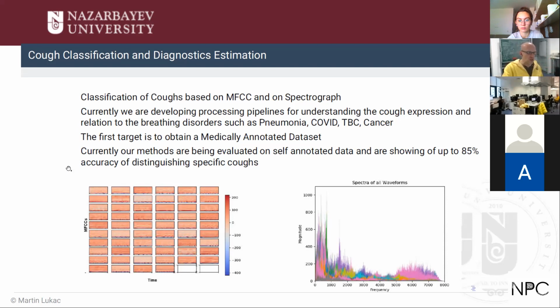Currently, we are evaluating different approaches. Here you can see the spectrum magnitude of one of the coughs. Here we have the MFCCs, which are a different type of features. Currently we can distinguish between selected types of coughs with up to 85% accuracy.